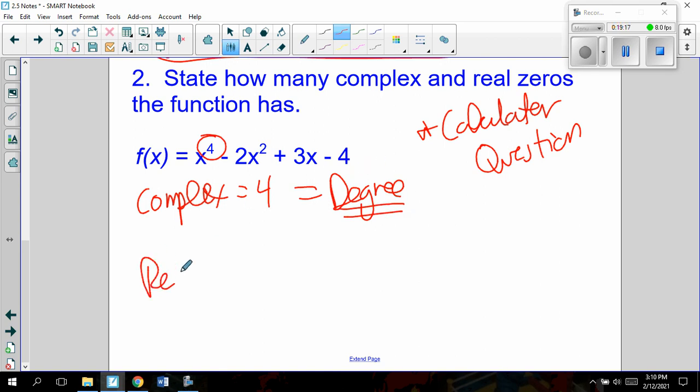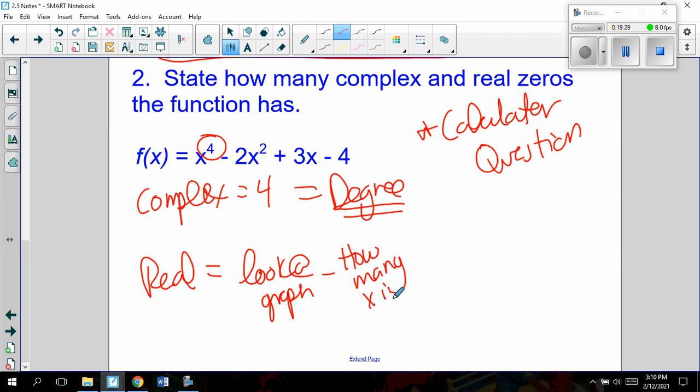The real portion, though, you're going to get that number by looking at your graph and seeing how many x-intercepts there are. So int is my intercepts shortcut there. And so if you were to type in this one, you will see that it crosses the x-axis twice.